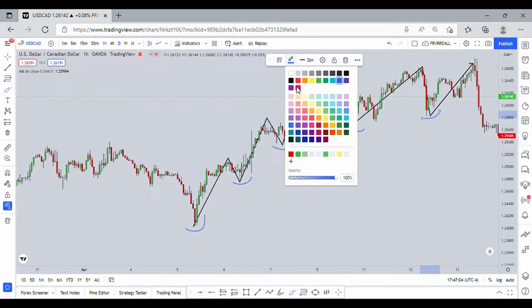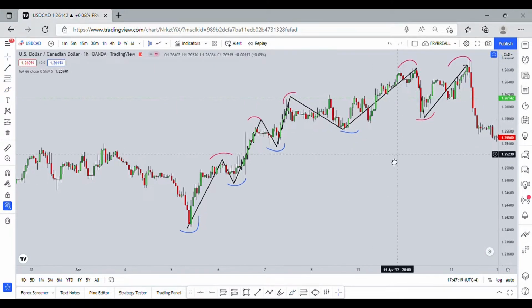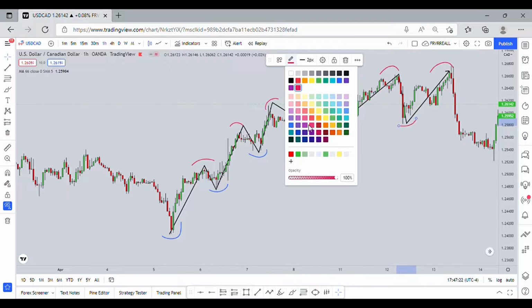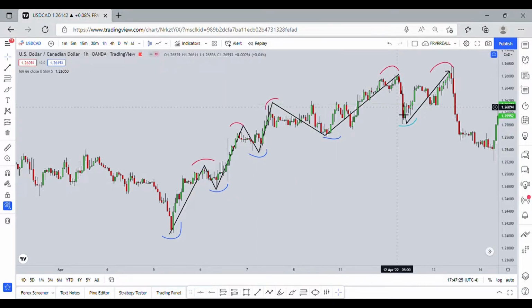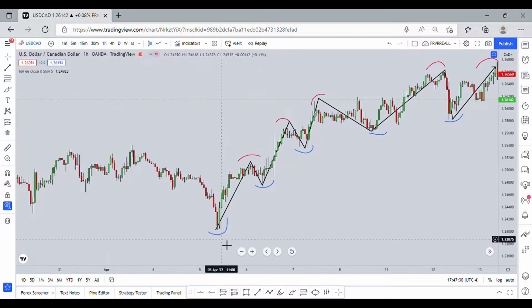Let's use a different color. Let's use pink. Higher high, higher high, higher high, higher high. So what this means is simply this: this is just a low, this is where the market starts from, a casual low.